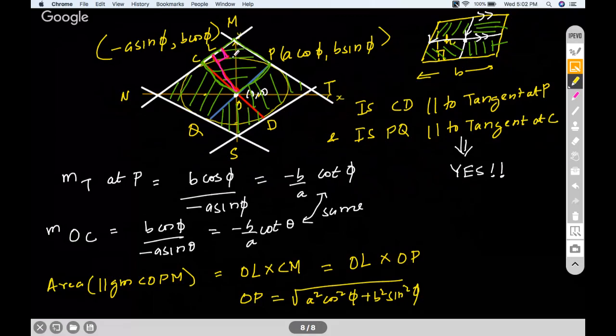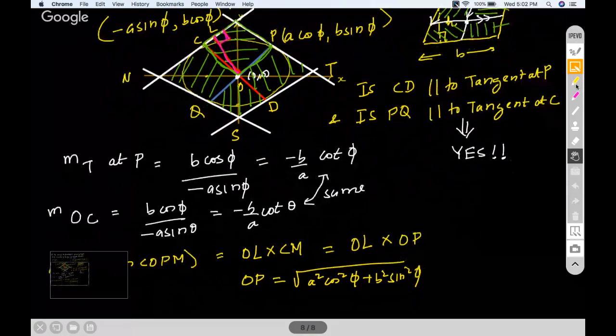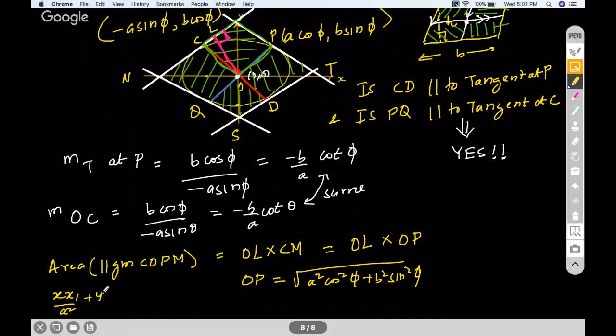Now OL is nothing but the perpendicular distance of origin from the tangent drawn at C. Guys, just remember one thing. The equation of a tangent drawn at any point on the ellipse is going to be x(x1) by a square plus y(y1) by b square equal to 1.